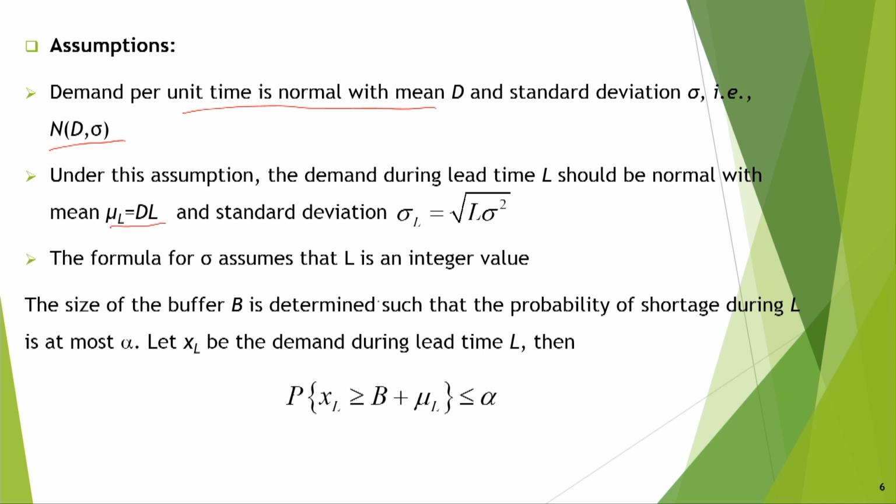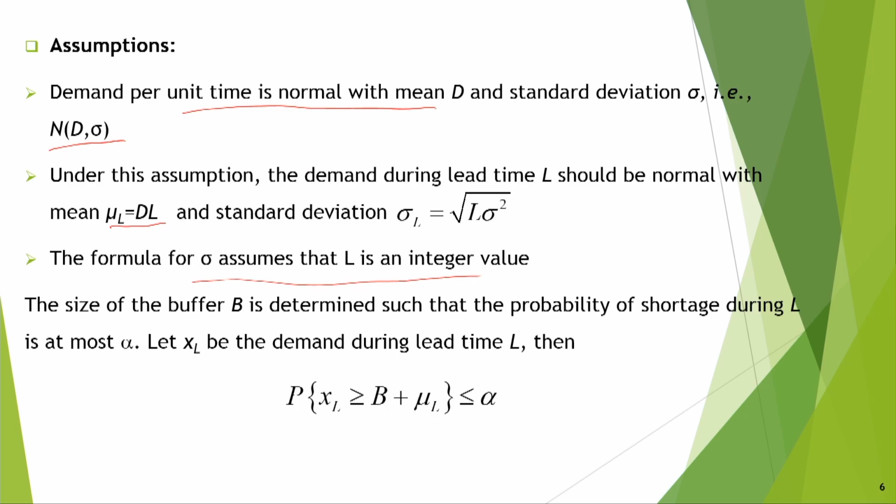But this adding up of the variances is for integer values. So here we are assuming that L is an integer value, that is the assumption. Suppose we say day-wise, so L means these many days.